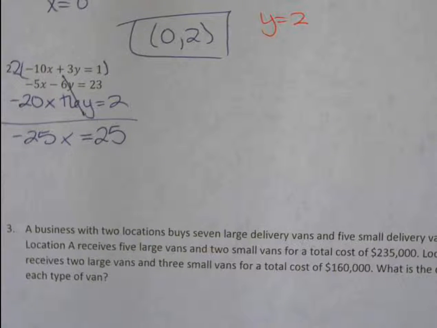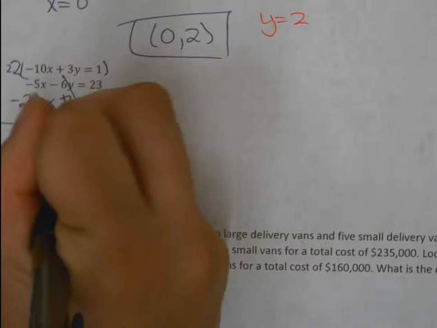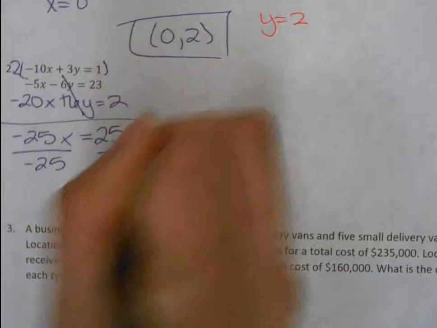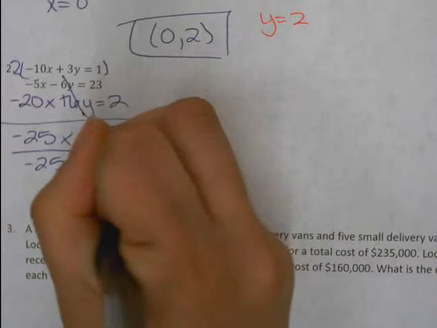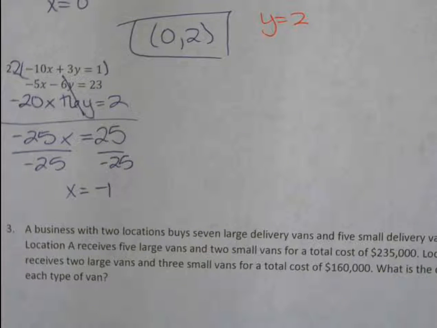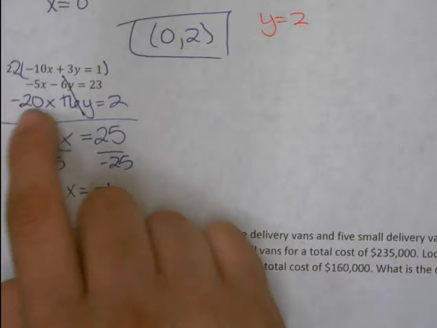And then how do I get x alone? Divide by negative 25. So x equals negative 1. So questions on how I got x so far? So then I can plug it into the top equation, the bottom equation, or the new equation I wrote.